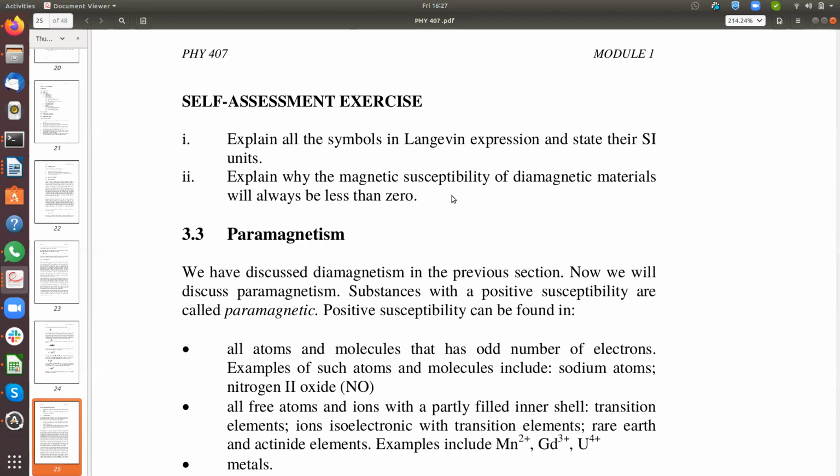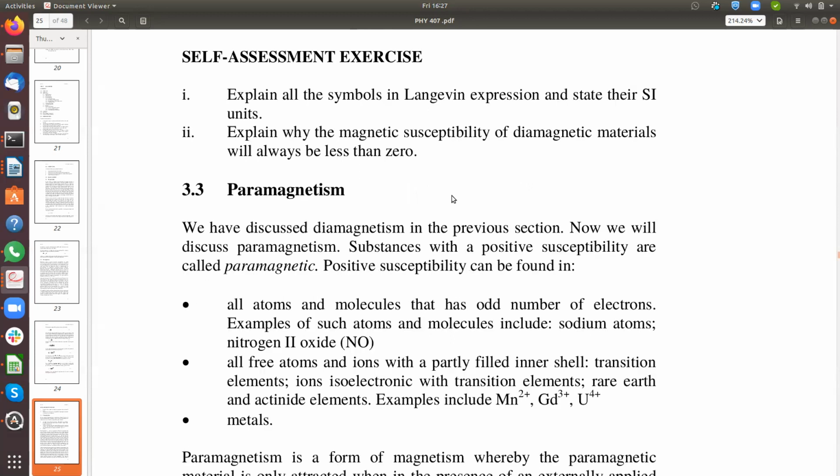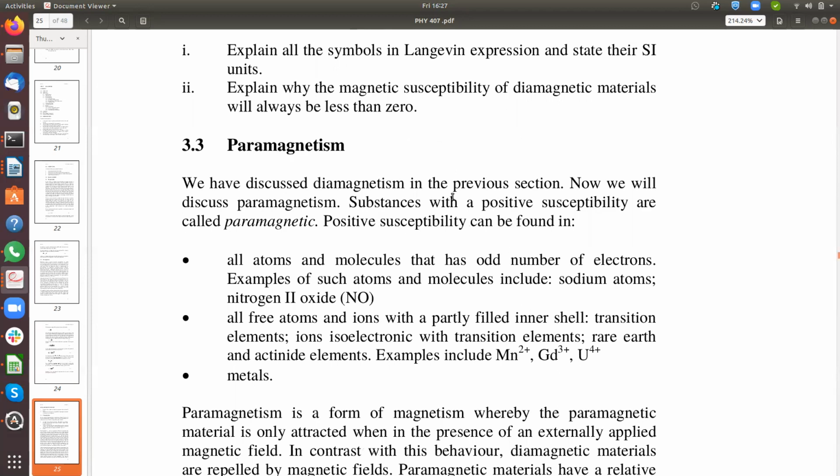So let's move to the next thing, paramagnetism. We discussed diamagnetism in the previous session. Now we will discuss paramagnetism. Substances with a positive susceptibility are called paramagnetic. You know, substances with negative susceptibility are known as diamagnetic, but those with positive susceptibility are known as paramagnetic. Positive susceptibility can be found in, one, all atoms and molecules that have an odd number of electrons.